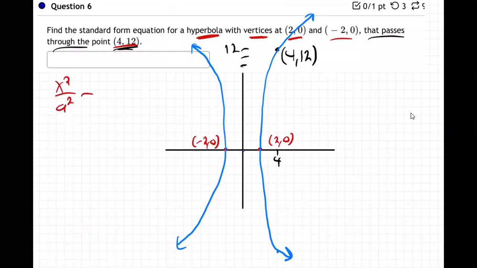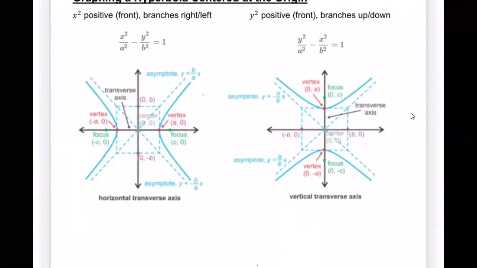x squared over a squared minus y squared over b squared is 1. Okay. So now I've got to find a and b. How do I know what they are? Well, however far this is over, see a, that goes underneath x squared, a squared.